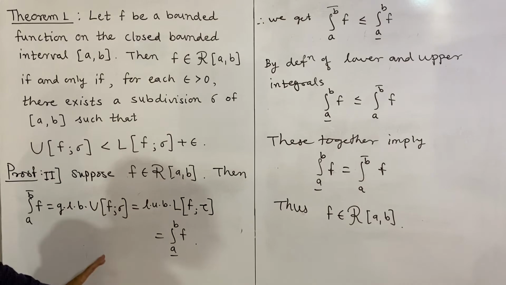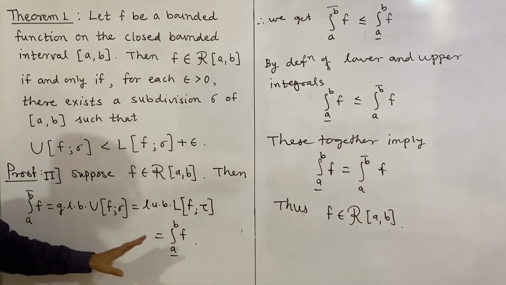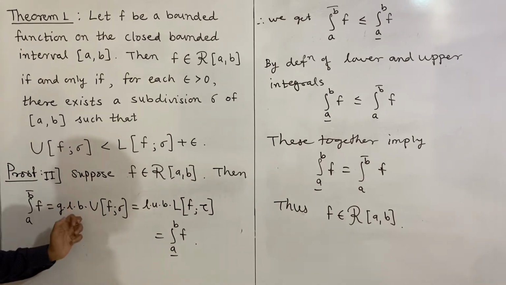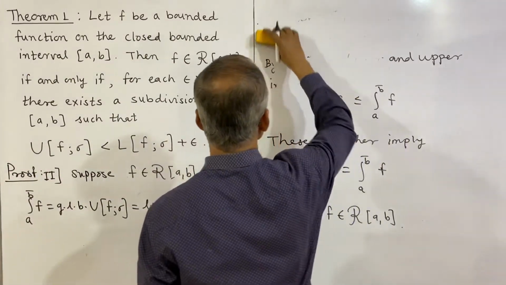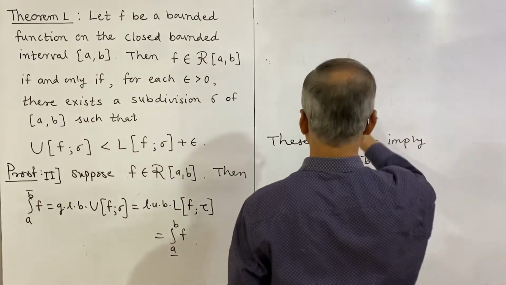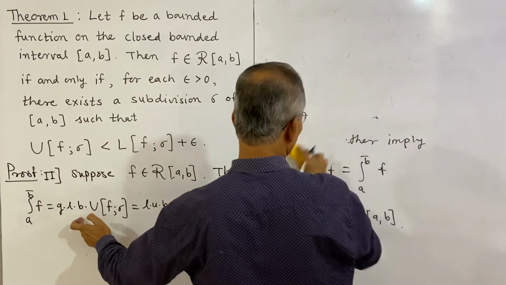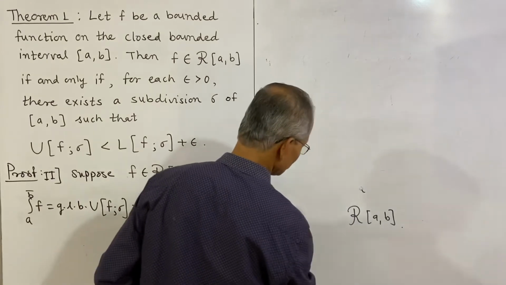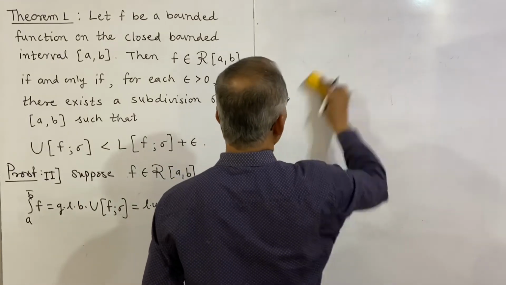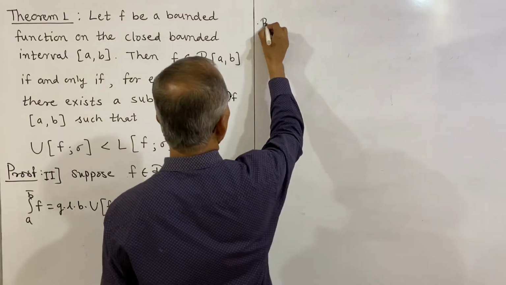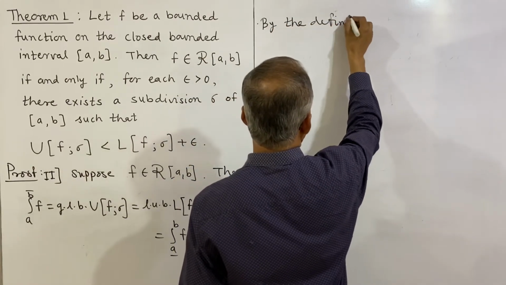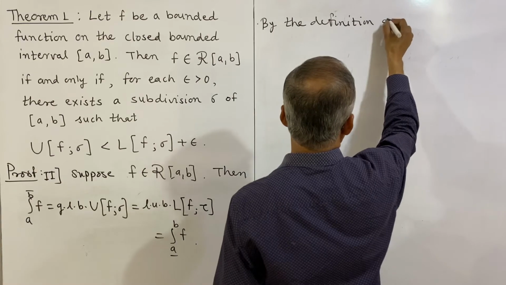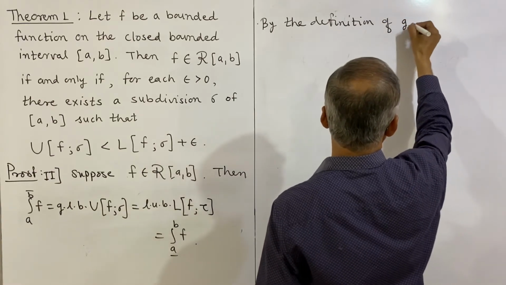If the function is Riemann integrable, the upper integral is equal to the lower integral, and the GLB of the upper sums is equal to the LUB of the lower sums. And thus we now consider epsilon greater than 0, and the definition of greatest lower bound.